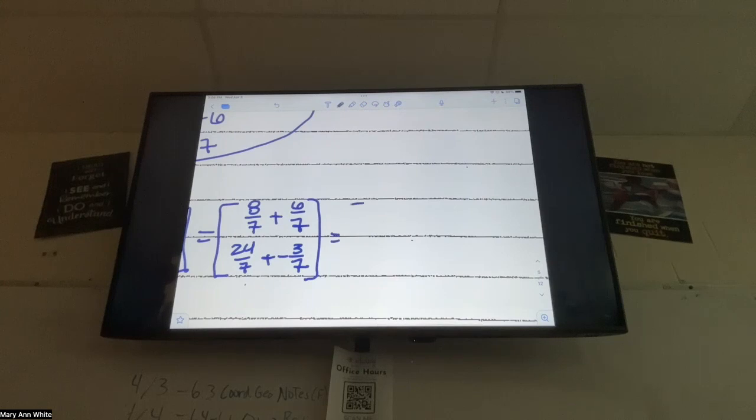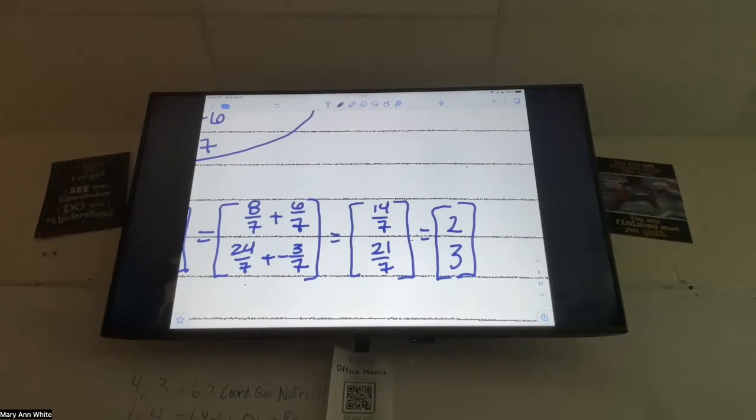So again, I asked you to keep it as fractions. They all have the same denominator, so 8 plus 6 is gonna be 14 over 7. What's that the same thing as? Amazing. What about 24 minus 3? That's 21. What's 21 divided by 7? 3. Awesome.